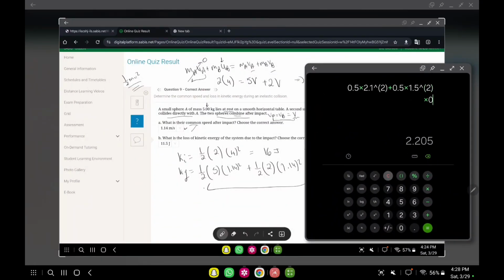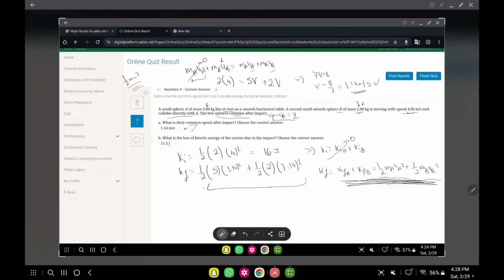0.5 times 5 times 1.14 squared plus 0.5 times 2 times 1.14 squared. You get, let's just say, 4.55 joules.